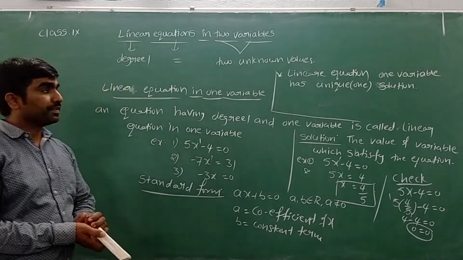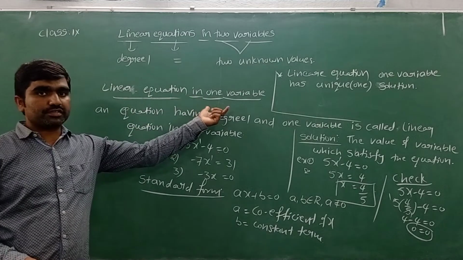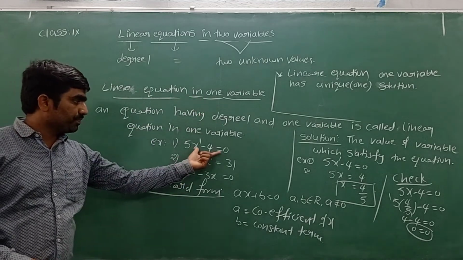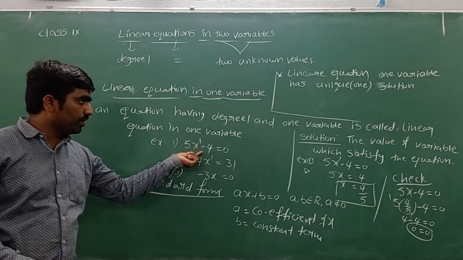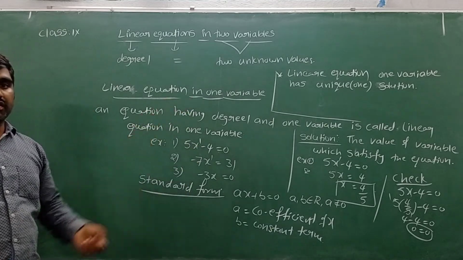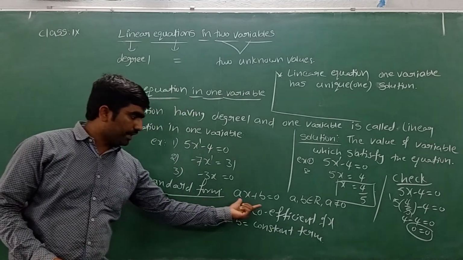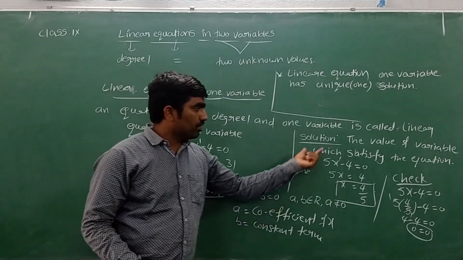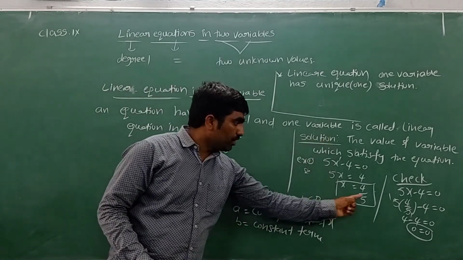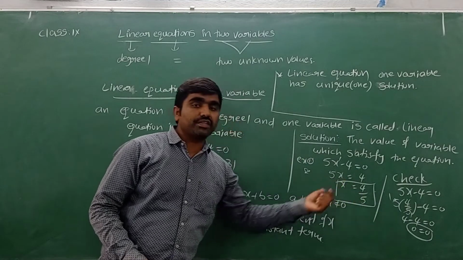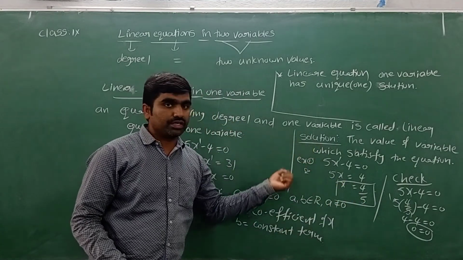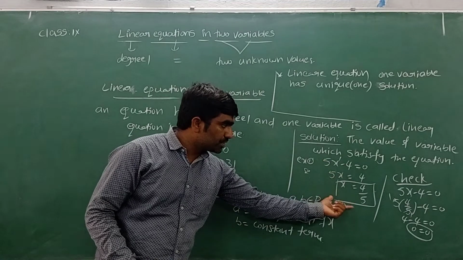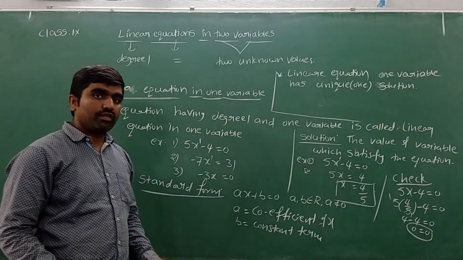Hope you understood. A linear equation in one variable means an equation which has degree 1 with one variable. This is the standard form: ax plus b is equal to 0. And we also learned what is meant by solution: the value of the variable which satisfies the equation is called the solution. This is the way to find the solution of a linear equation in one variable.